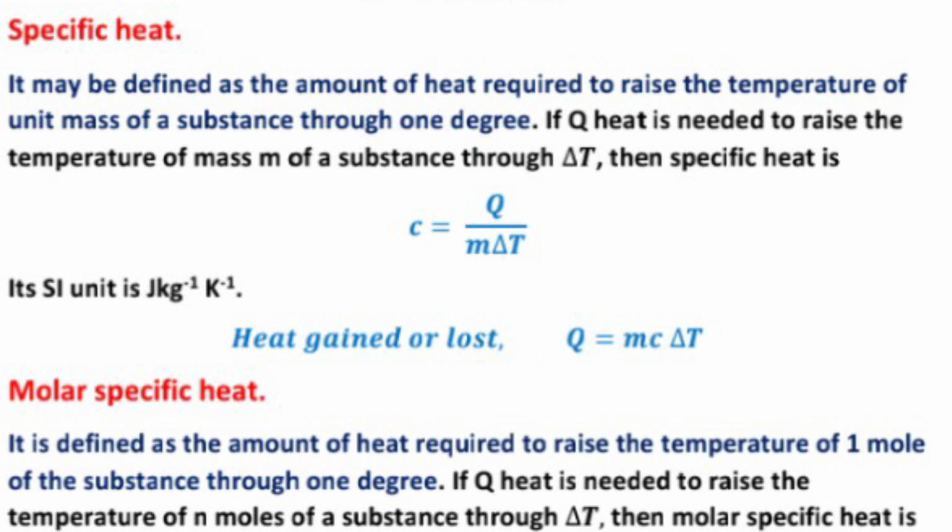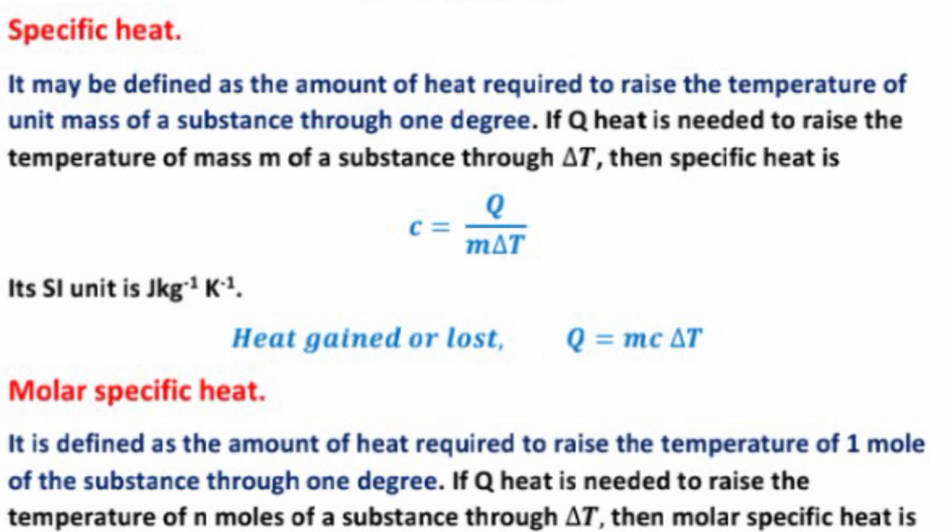If Q is heat needed to raise the temperature of mass m of a substance through delta T, the specific heat C equals Q upon m into delta T. The SI unit is joule per kilogram per degree Kelvin. Heat gained or lost, Q equals mc into delta T.